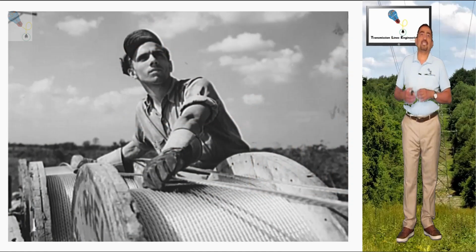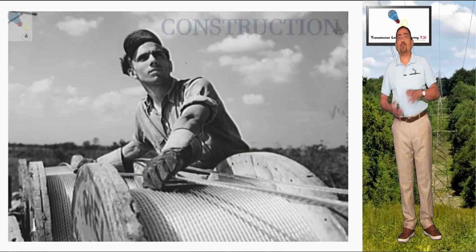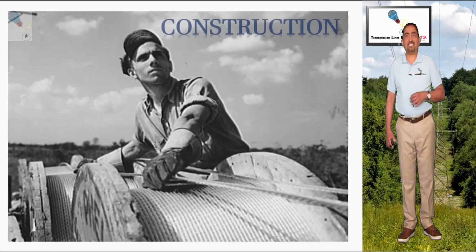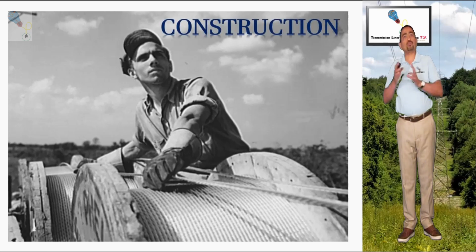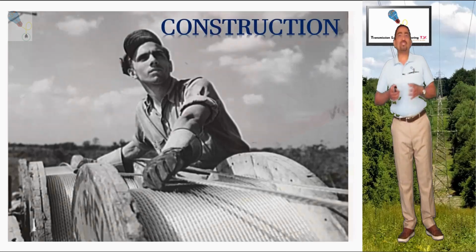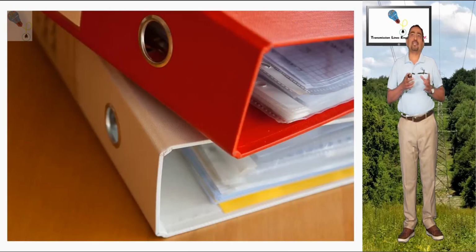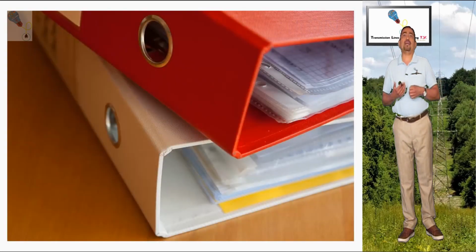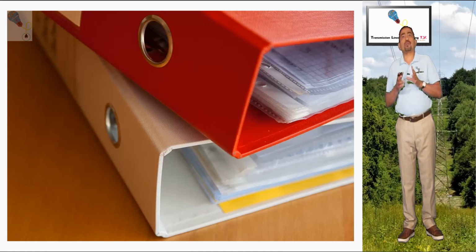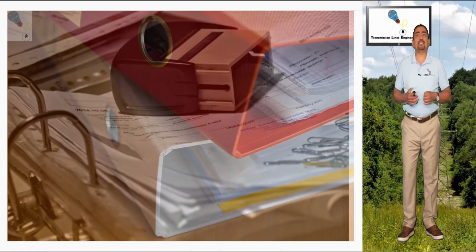The next phase is construction, what we call IFC, issued for construction. Once the final revision package has been received from the client, the contractor will proceed to make the final adjustments to the design.